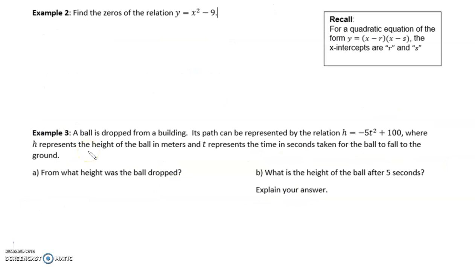Okay, now find the zeros of this relation here. y equals x squared minus 9. As a recall, for a quadratic equation of this form, and remember this form is our factored form, our x-intercepts are r and s. So if we go ahead and factor this, what two numbers multiply to -9?